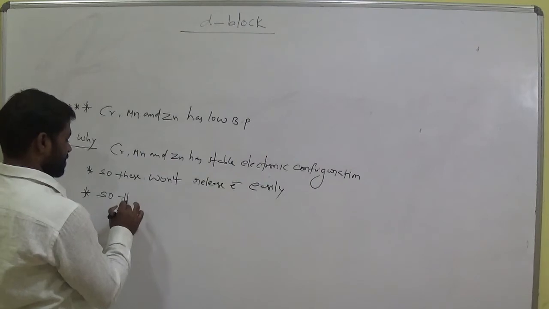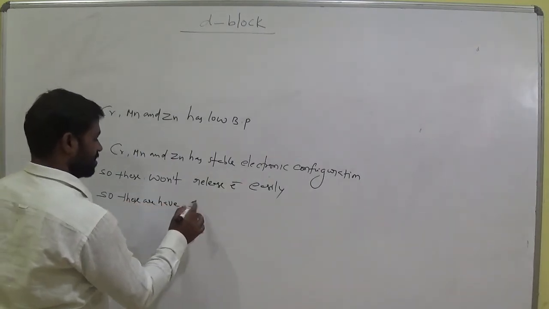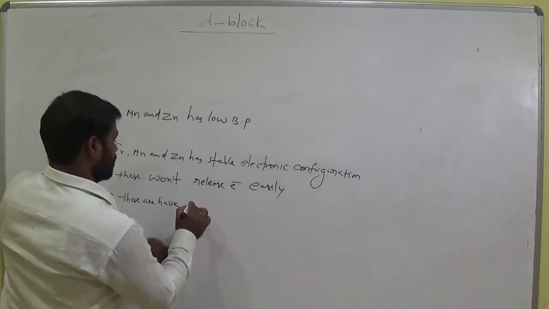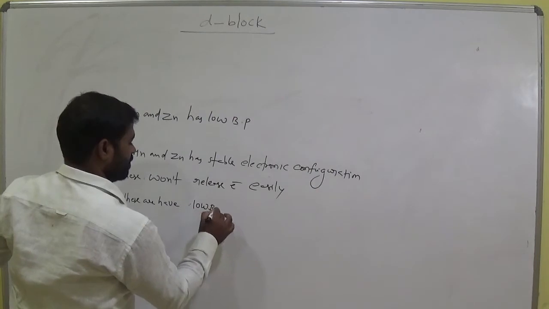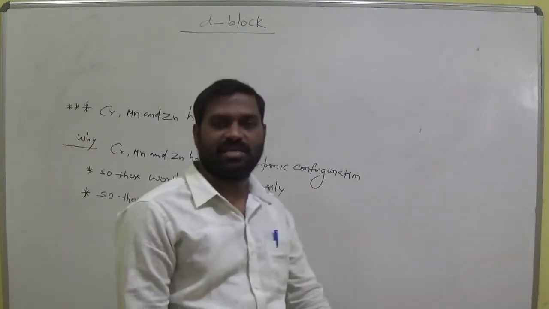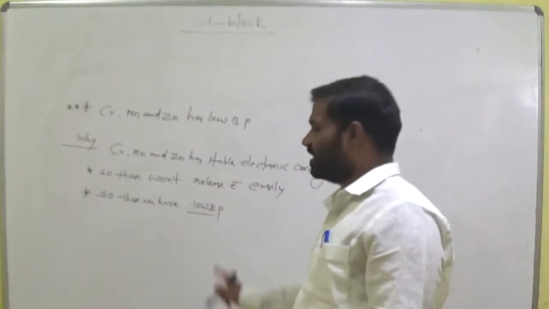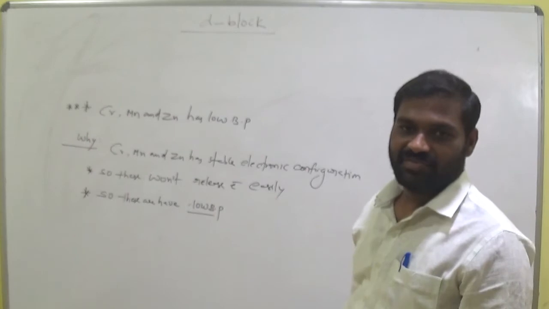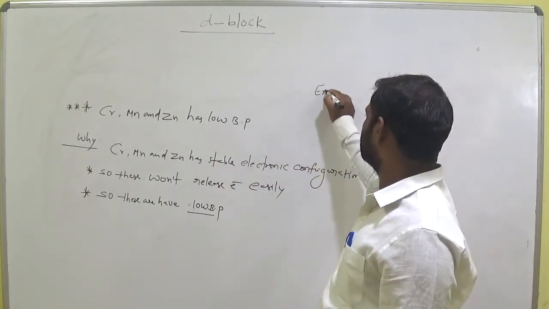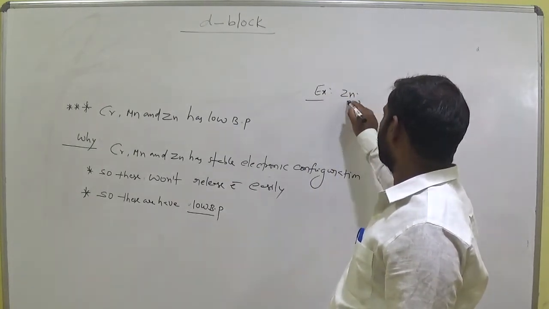So these have low boiling point. If they can easily release electrons, they have high boiling point, but they won't release electrons easily, because they are already stable. Let us see an example of why these are stable. You know zinc very well. The atomic number of zinc is 30.